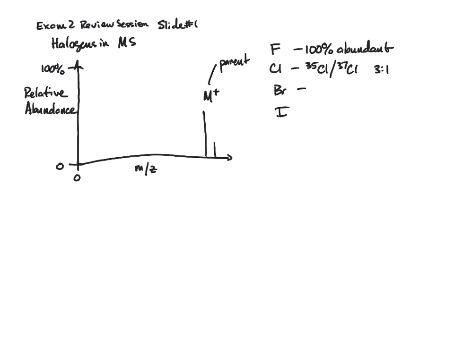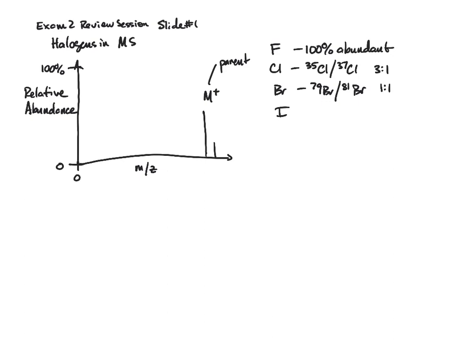So what does bromine look like? There's 2 isotopes of bromine, 79 and 81. And these occur in a 1-to-1 or 50-50 ratio. So just to backtrack a little bit, I called that parent M+. The plus is the charge. So there's 2 lines there.